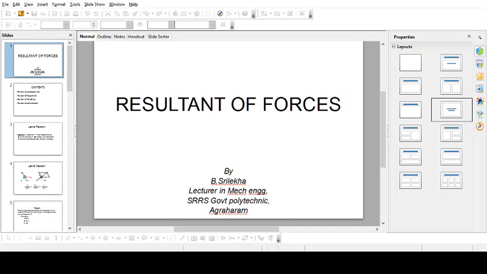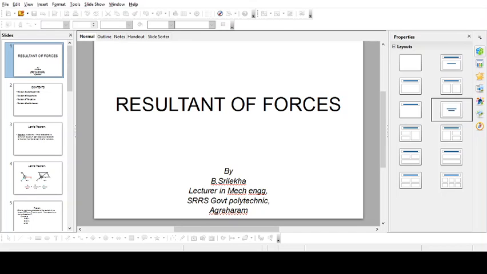So W by sine 75 is equal to T1 by sine 150 is equal to T2 by sine 135. On substituting W equal to 2, you will get T1 equal to 1.035 kilonewtons and T2 equal to 1.46 kilonewtons.